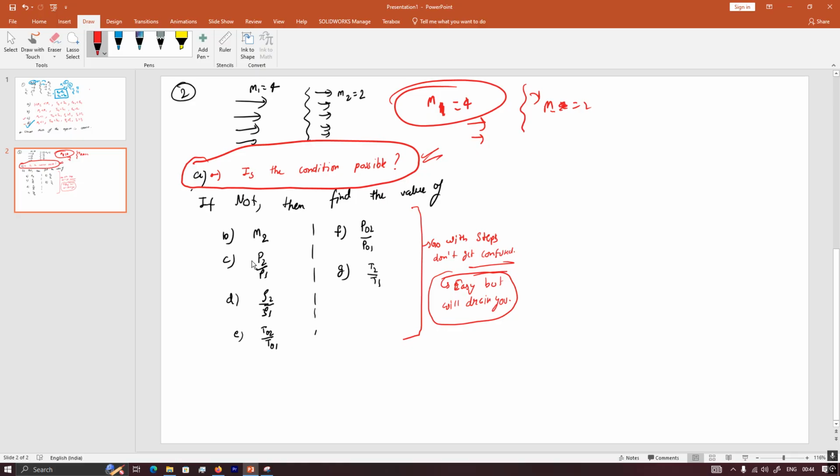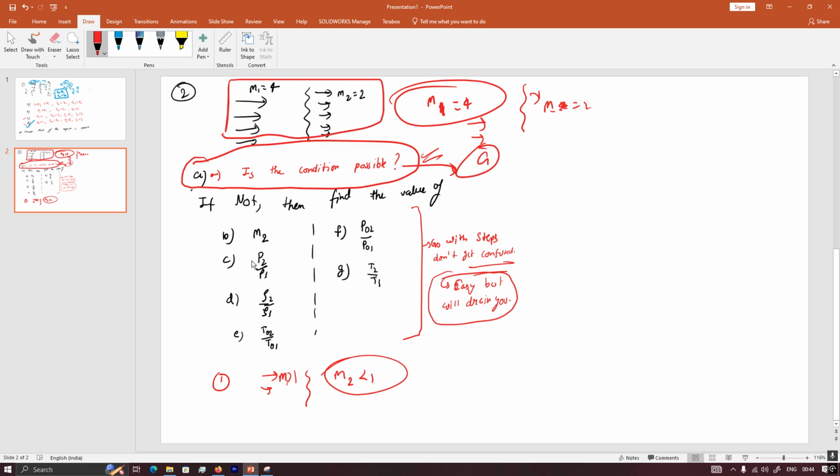We know that whenever there is a normal shock wave, upstream we will have supersonic Mach, but downstream it is a must that your Mach should be less than 1, subsonic. So the condition given to us is not possible. The answer for question A is not possible.